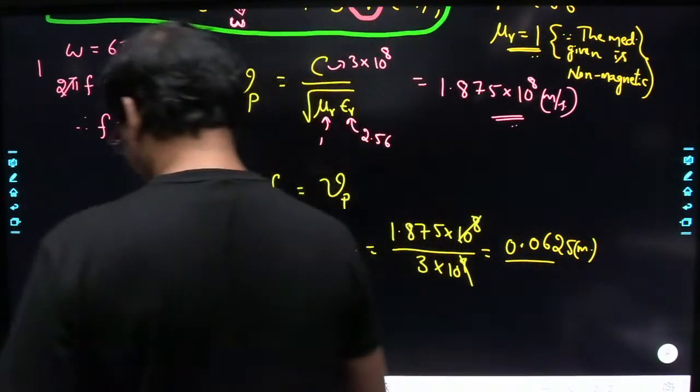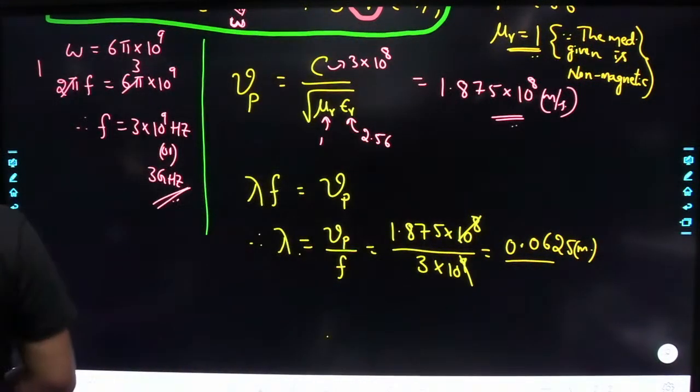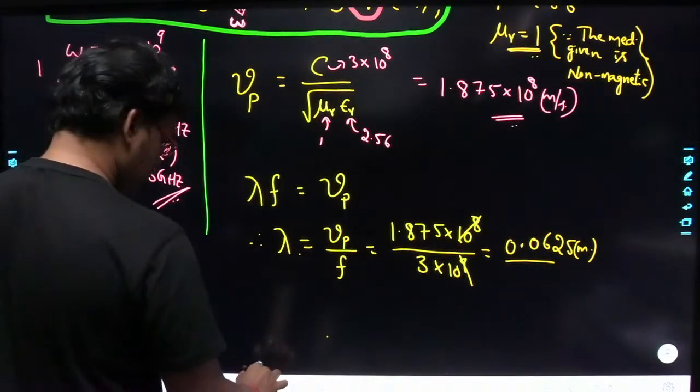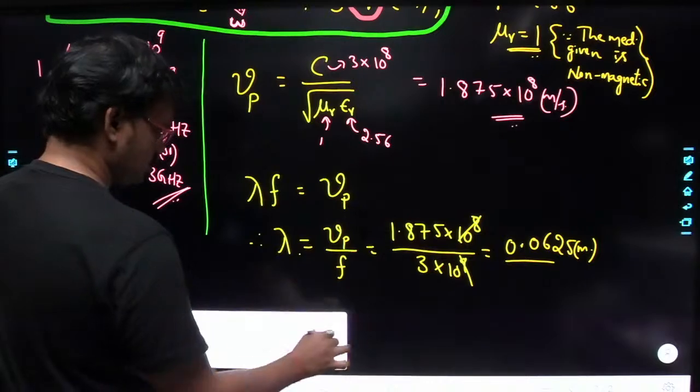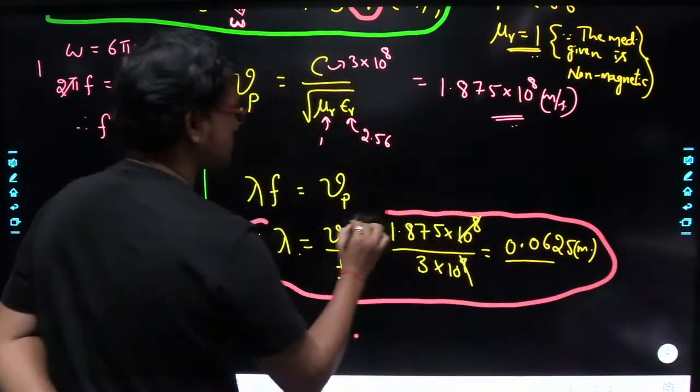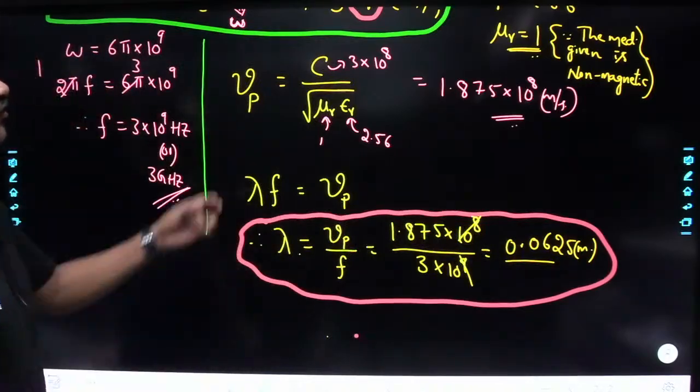So this is the wavelength of the wave. This is the value of the wavelength, that is 0.0625. So next, what are they asking here?